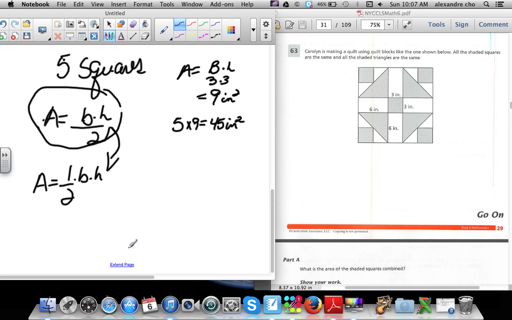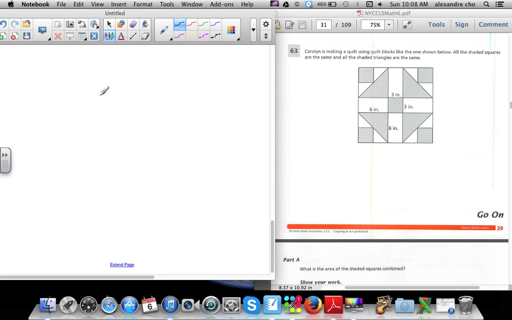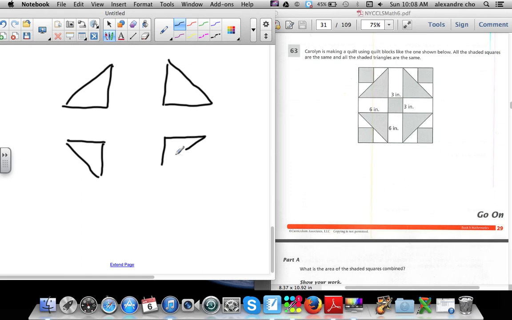Well, I'm going to draw these triangles as pretty as I can. Here's one triangle. Here's another triangle. And here's the bottom 2 triangles. And we have another one right here. Now, they don't want you to use that equation, half base times height.